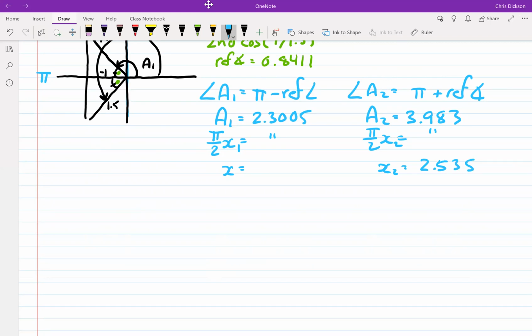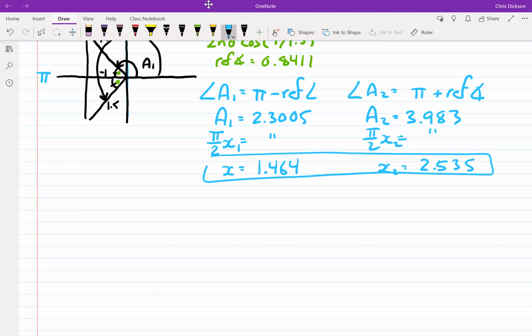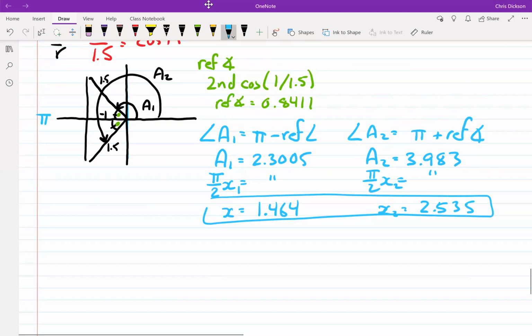And now if I use 2.3005, times that by 2 and divide that by pi, I get 1.464. Once again, I'm going to talk about how you can use symmetry here, but let's see if that matches our graph.